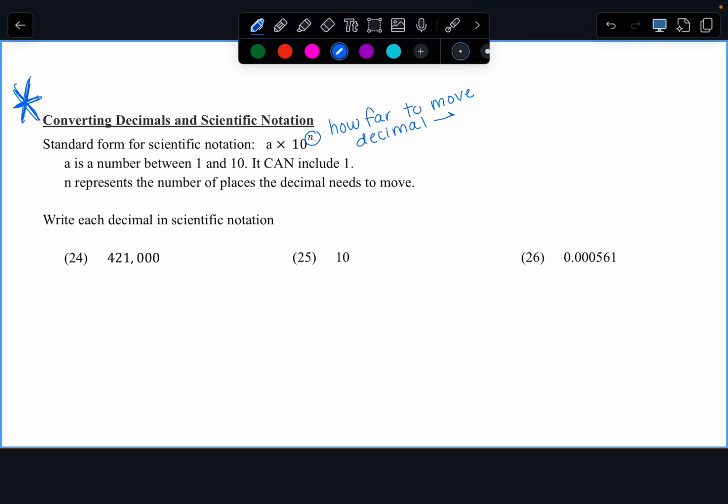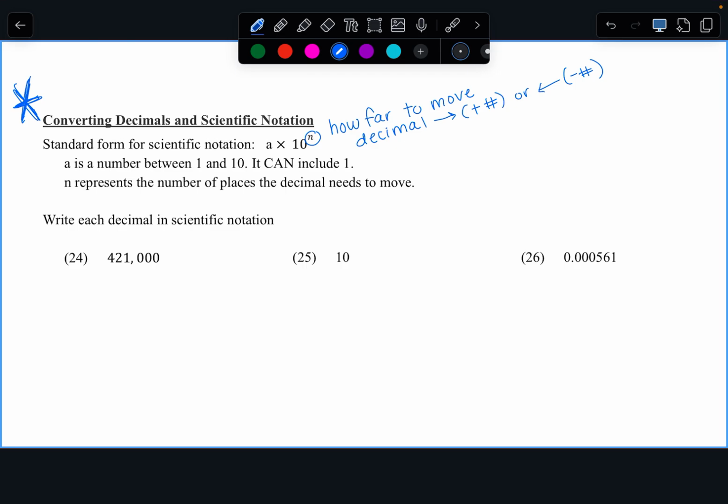You're going to move it right if it's a positive number, or left if it's a negative number. Okay, so if you had like 3 times 10 to the third, you're going to move the original decimal place from after the 3 places to the right because the exponent was a 3.